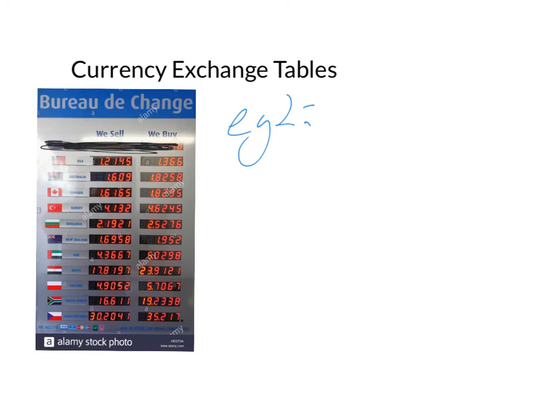In this example, we're going to say we have 230 Australian dollars. And we're after coming home from our holidays. We have this left over and we want to convert it to euros. So the first thing we always do again is write out the exchange rate. So we know that all these numbers here are equal to €1.